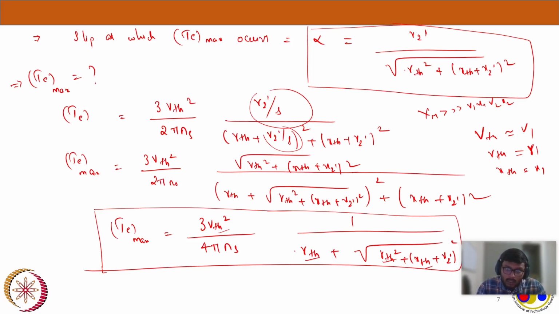Now you see an interesting thing here. That's what I was talking about earlier. This maximum torque expression is independent of R2 dash, right? So your rotor resistance is not affecting the maximum torque. Even if you change your rotor resistance, if at all there is a mechanism available at your rotor end where you can insert external resistances, keep on adding the external resistance.